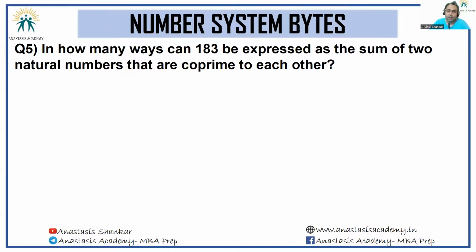Okay. Last question. In how many ways can 183 be expressed as sum of two natural numbers that are co-prime to each other? Okay. If two natural numbers are co-prime to each other, see how the working would work. Let's say the two numbers are HA and HB. And let's say these numbers were not co-prime to each other.